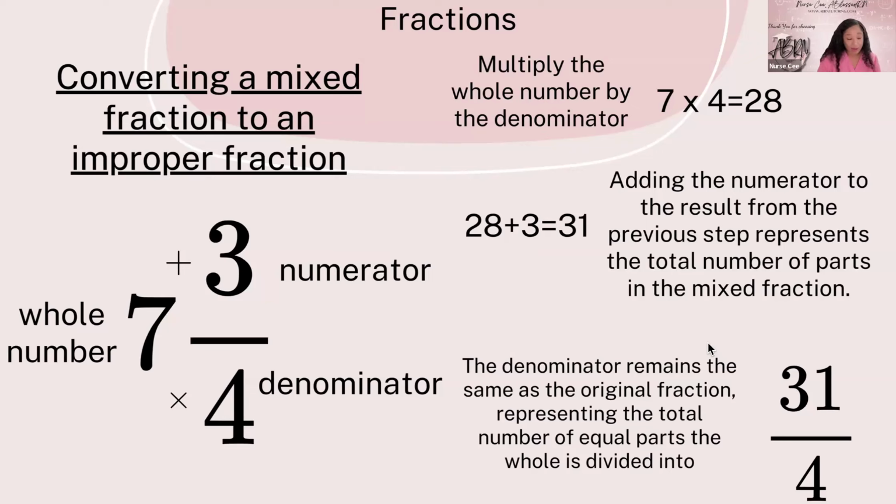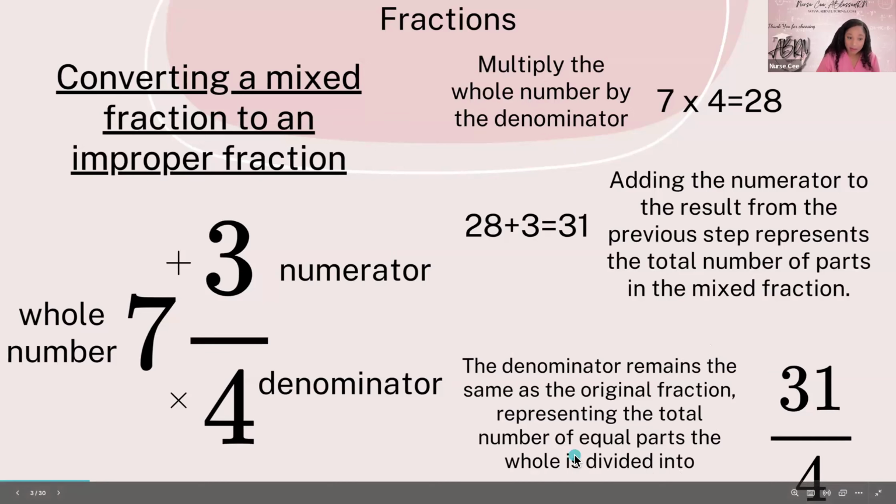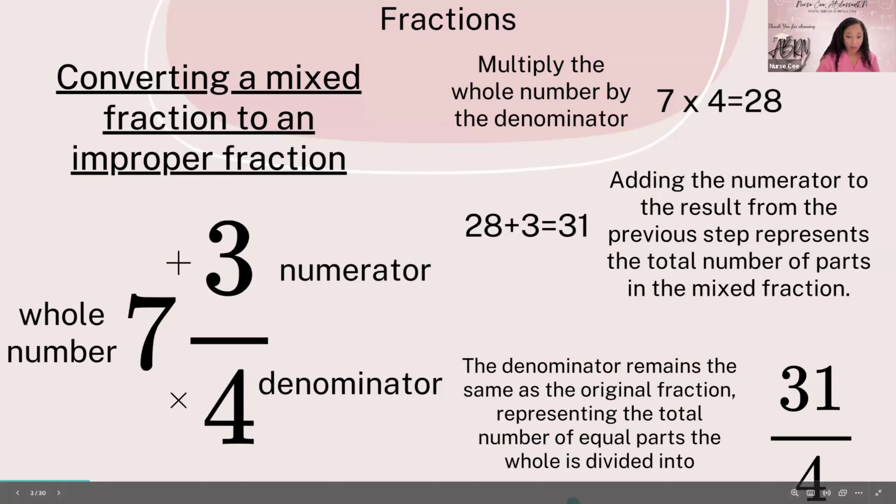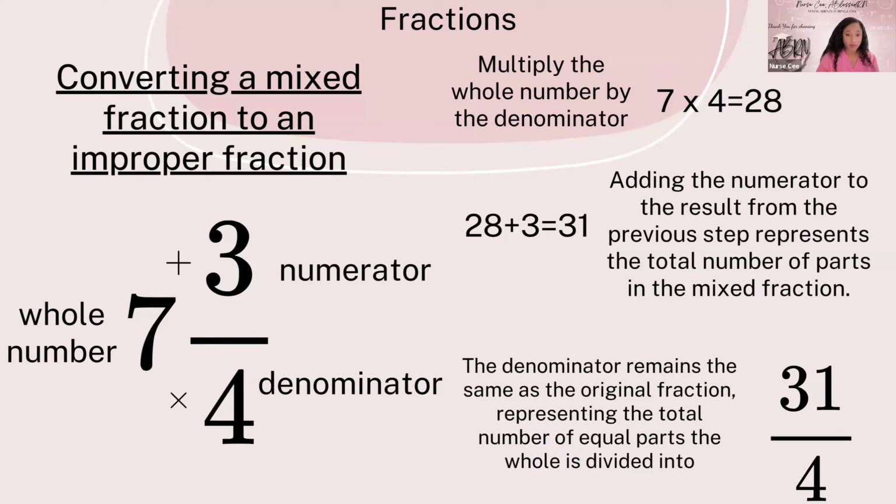So you can't do anything with the mixed fraction. You need to have an improper fraction. So that means that you're going to have a big number on the top and the same denominator on the bottom. So the steps to converting a mixed fraction to an improper fraction will be to take the whole number, which is that big number on the left, and you multiply it by the denominator, which is at the bottom. So you would do 7 times 4, which would be 28.